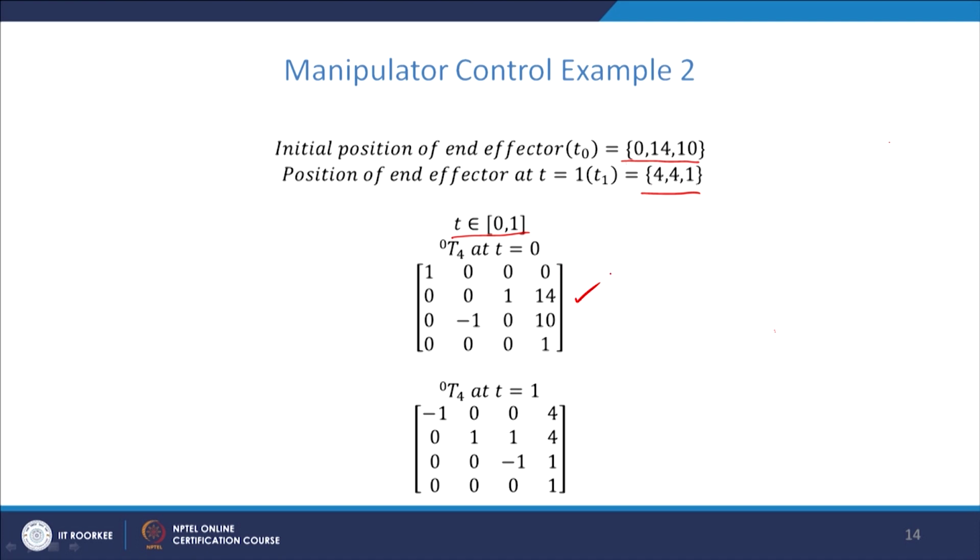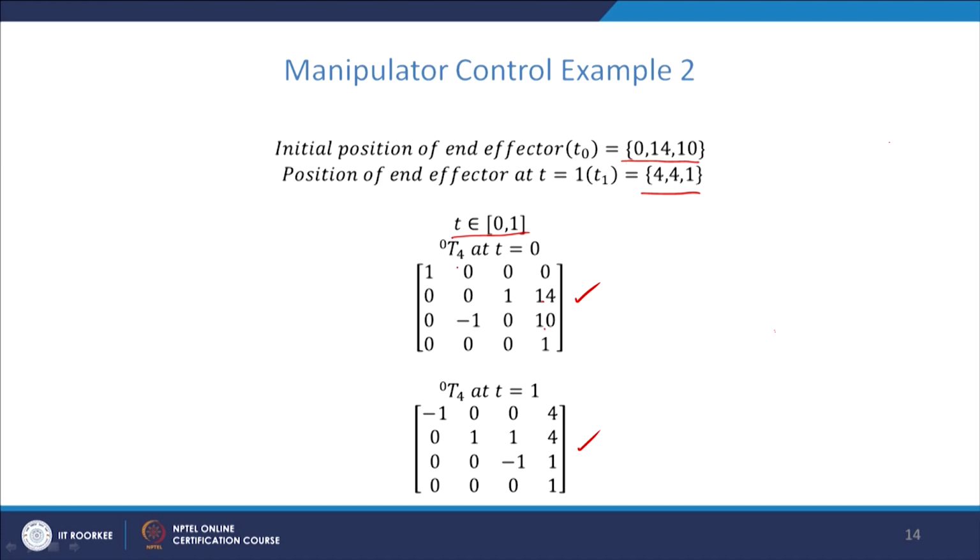So, the initial position is given, and the origin is at the point 0, 14, 10, and the axes of the end effector are 1, 0, 0; 0, 0, minus 1; and 0, 1, 0.